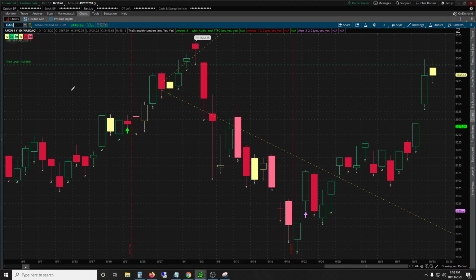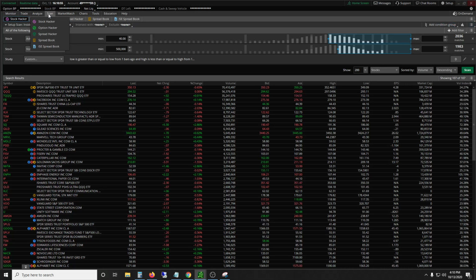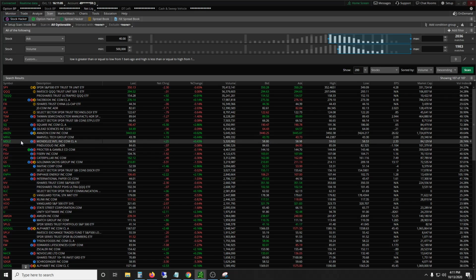Amazon, inside. No, Apple's 2 up. It's just polluted with them, so you have a lot to look at tomorrow for that. Square, JD, FXI, just a whole bunch of them.